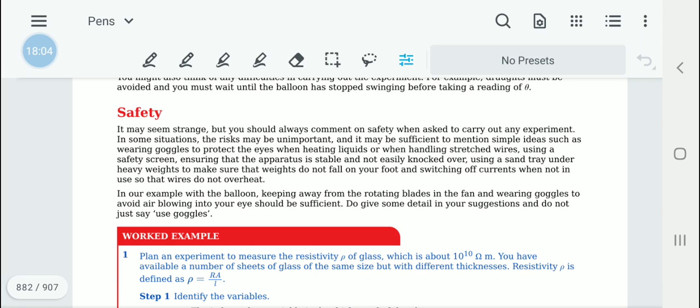But when you are talking about an experiment, even though it would sound stupid, even though it would sound absurd, you must make sure that you mention what kind of precautions need to be taken. Right? You might feel that the risk is unimportant, but still you have to mention it.